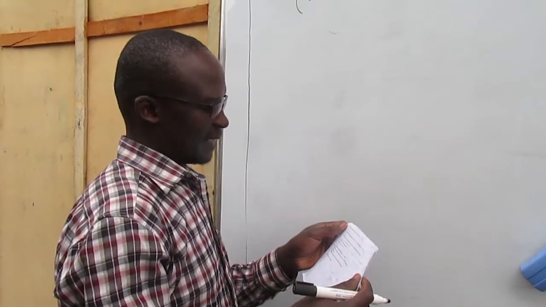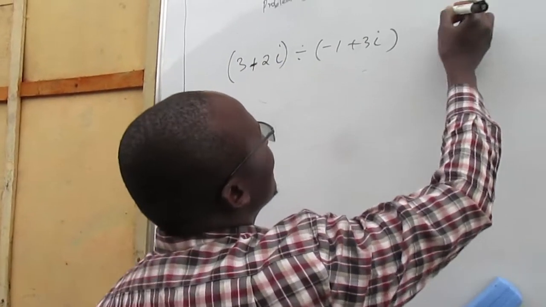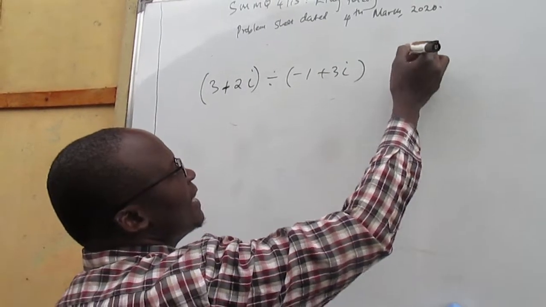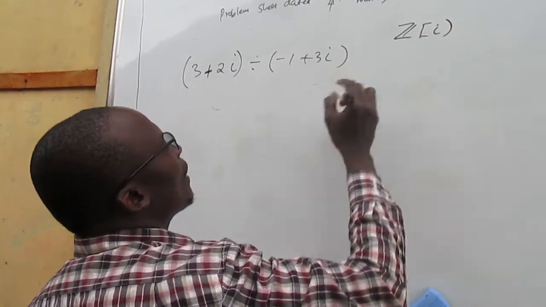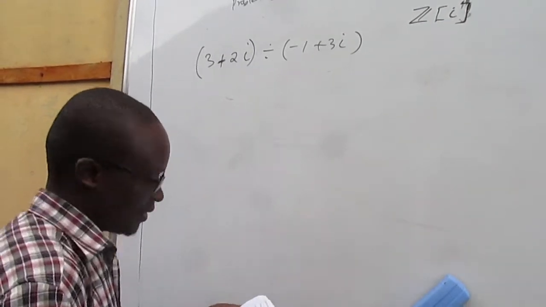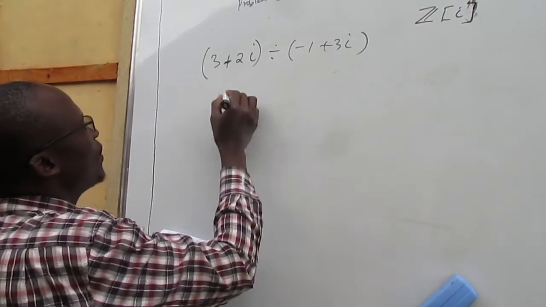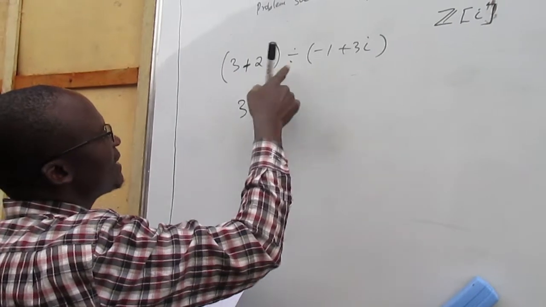Okay, next we have two elements in the ring of Gaussian integers, and we are required to find the quotient and remainder when the two elements are divided.